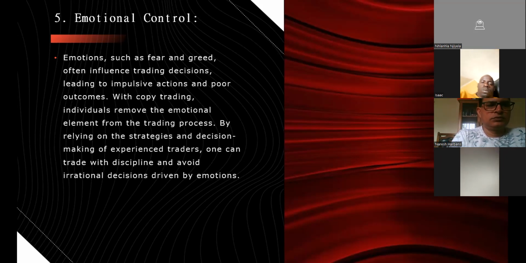So if you don't have that down to a science, if you don't have control over your emotions, you are most likely to make the wrong decisions, take the wrong trades, and end up losing money in the markets, right? Your emotions like fear and greed, those are the types of emotions that usually influence traders, right?